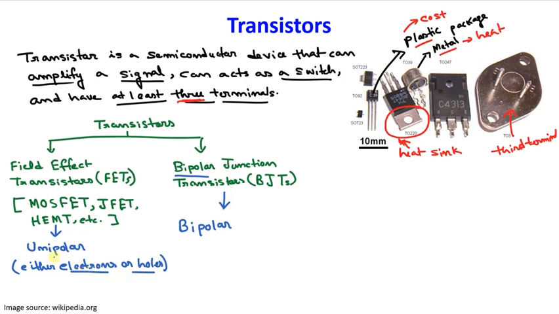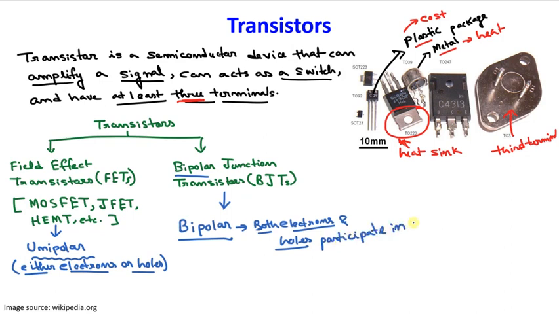You know electrons and holes are the charge carriers of a semiconductor. Whereas for BJTs or bipolar junction transistors, as they are bipolar devices, both electrons and holes participate in conduction, isn't it? Right.